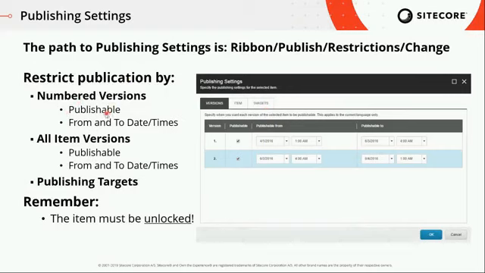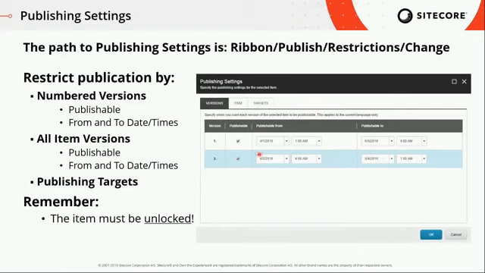All right. So numbered versions, publishable, whether the item is publishable or not, and what your date range is. You'll notice that in this tab, we have 4 columns: the version number, whether or not the item is publishable, what the range is from, and what the range is to.